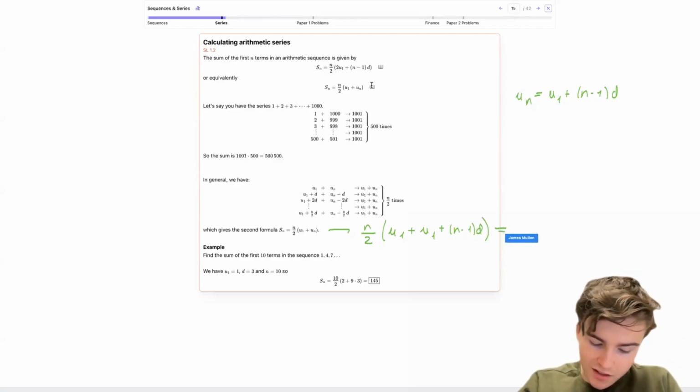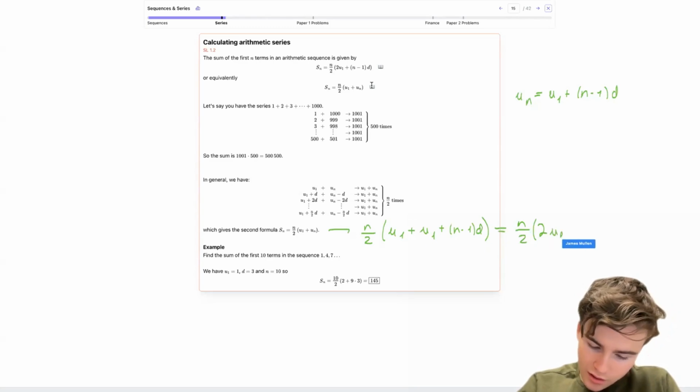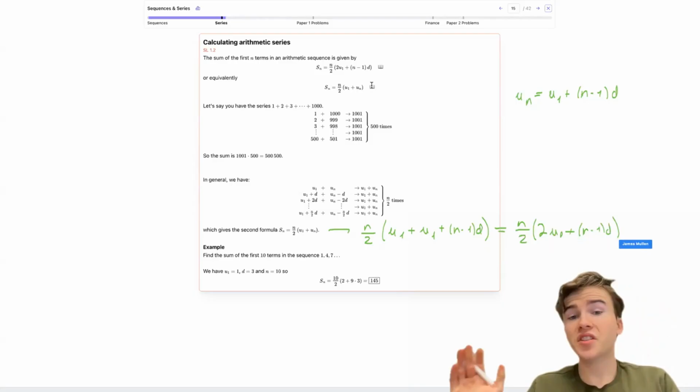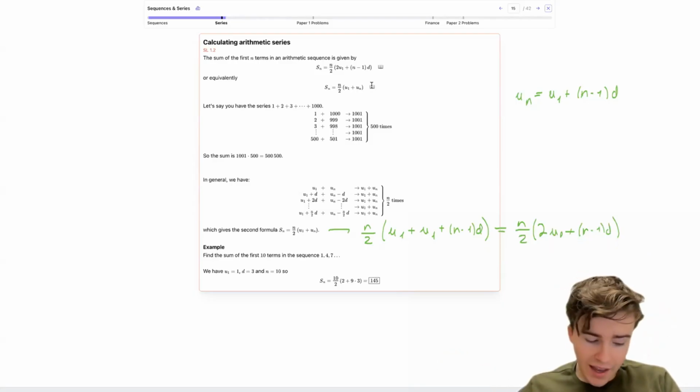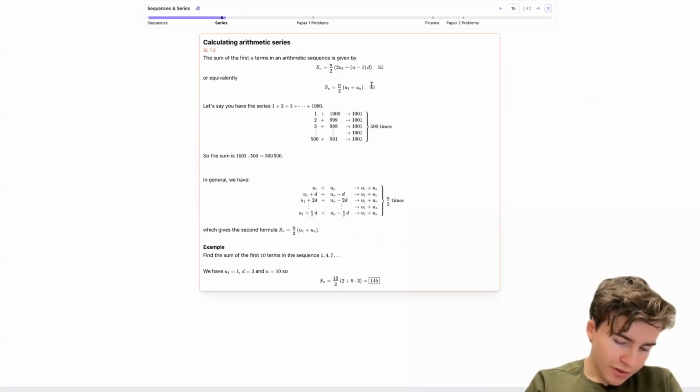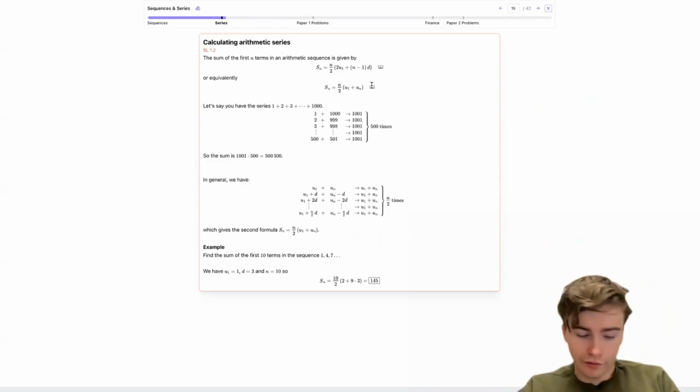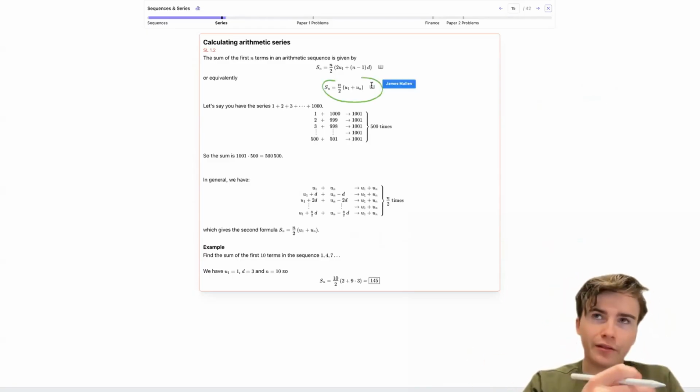But that's just going to simplify to the second formula, n over 2 times (2U1 plus (n minus 1)d). So it just comes back to the same thing. The second formula is really just a combination of this formula with the one that we have for the general term.